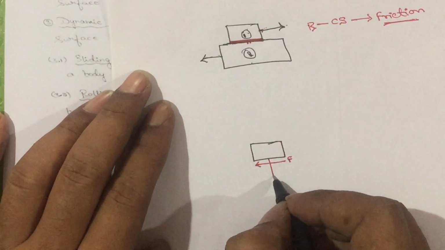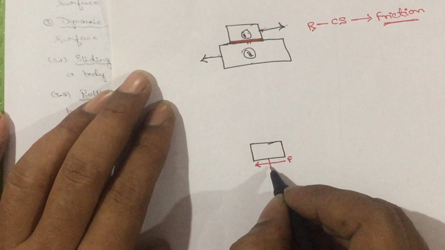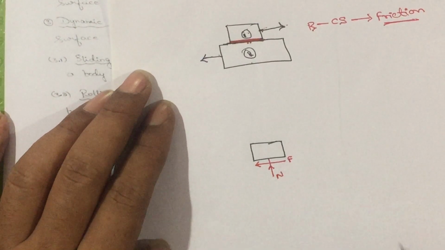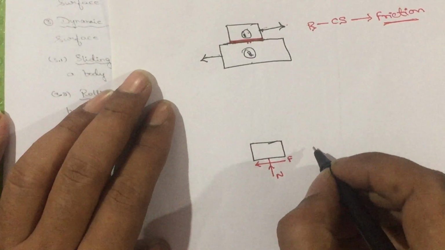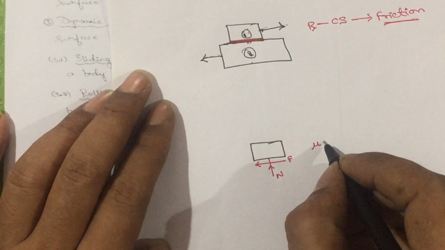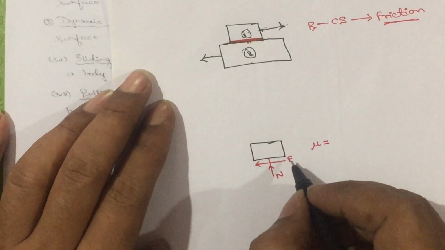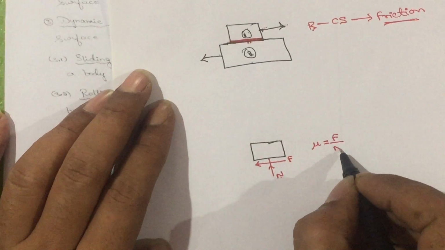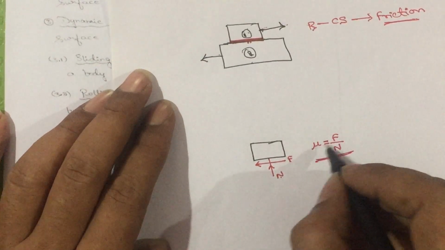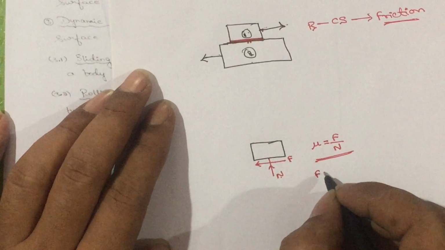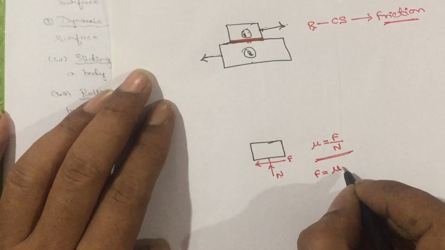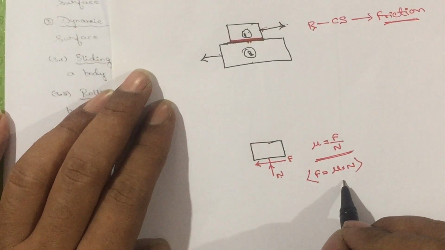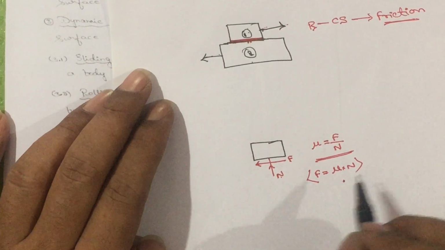Therefore, the reaction will be vertical, equal and opposite. We call that one the normal reaction. So, the coefficient of friction is given by mu, equal to the limiting friction F divided by the normal reaction N. Mu is equal to F by N, or we can also write that as F equals mu into N. We will make use of this equation to easily solve the problems.